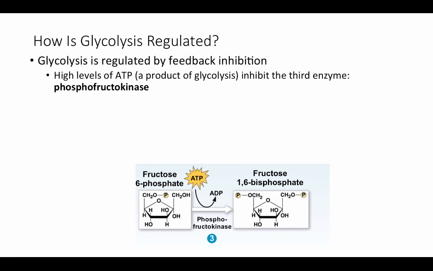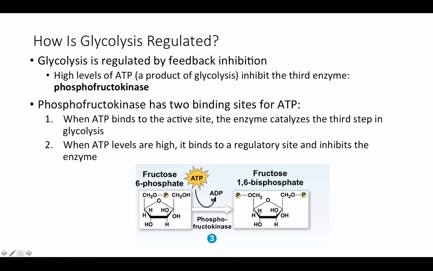So glycolysis is going to be regulated and controlled by feedback inhibition. If there ends up being too much ATP in the environment, high levels of ATP, if it's not being used up fast enough, it is going to inhibit the third enzyme in this pathway. Don't worry about memorizing this name, but phosphofructokinase is going to be an enzyme that has an active binding site for ATP, because remember ATP is going to be a substrate that takes part in this reaction, right?